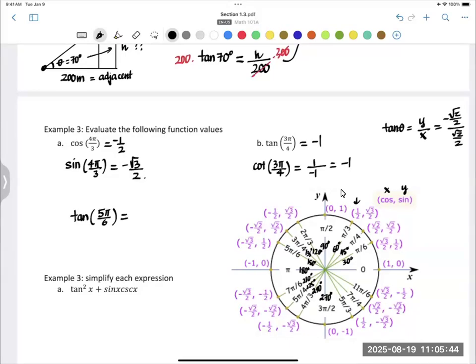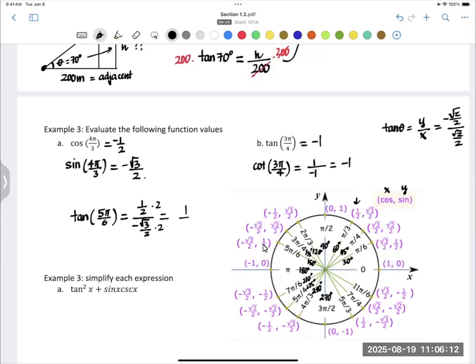Tangent of 5 pi over 6. We look at the 5 pi over 6 angle right here. The point is negative root 3 over 2 and 1/2. So y over x is 1/2 over negative root 3 over 2. They have the same denominator, or you can think of multiplying by 2 on top and bottom.